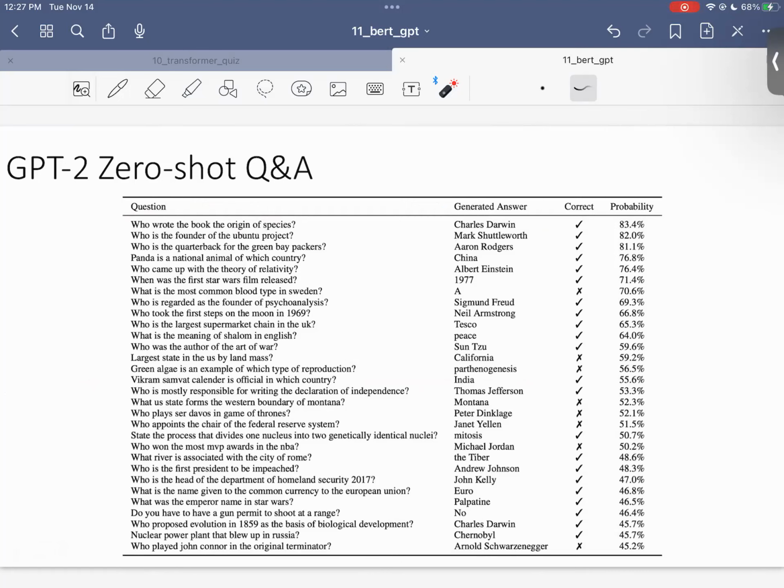So it must have picked up the style of question and answer. And when there's a question ending with a question mark, then the next token should be an answer to the question. Maybe that's how it picked up.